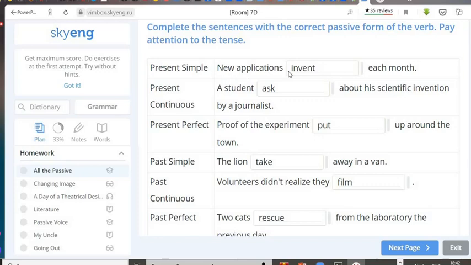Your applications invent each month. Well, what should we do? We have to use to be and past participle. I'll give you some time for thinking.